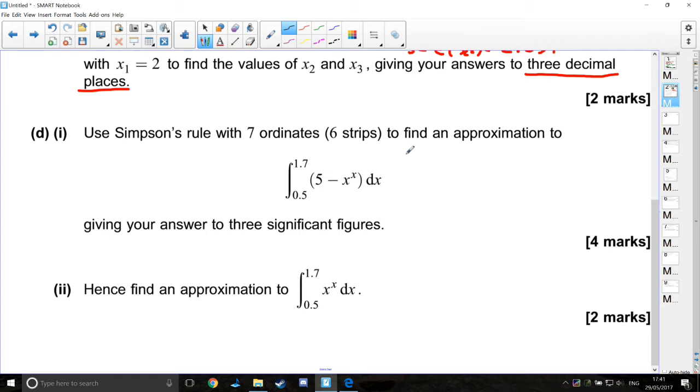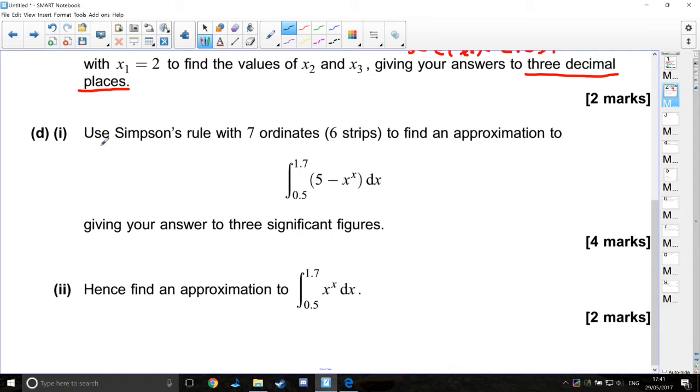So for this one, we've got 7 ordinates, so there's going to be 7 numbers put in, and the middle 5 are going to go 4, 2, 4, 2, 4. Right. Let's start by finding the height of these strips.